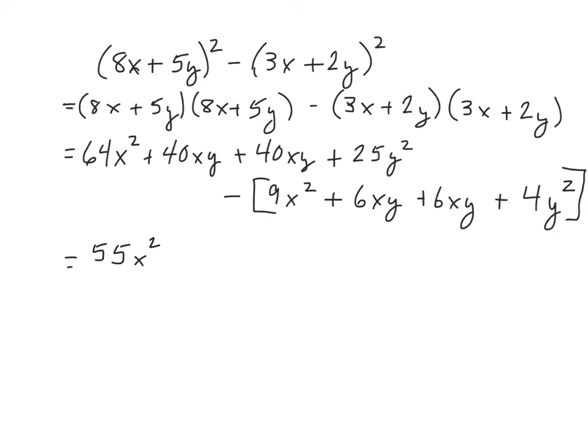So 80 minus 12, and that's 68xy. And then 25y squared minus 4y squared is 21y squared.